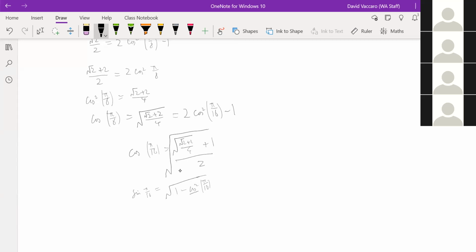But you can get expressions for sine pi over 16, sine pi over 32, sine pi over 64, which is what Archimedes was doing: he was finding the perimeter of a square and then a polygon with twice as many sides, and a polygon with twice as many sides, and a polygon with twice as many sides, and then approximating that to the circumference of the circle.